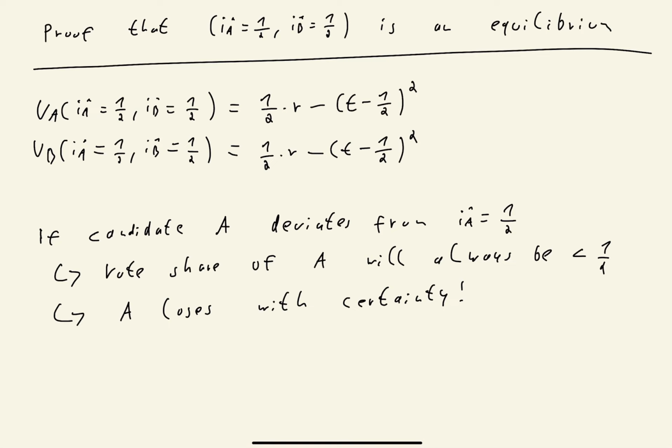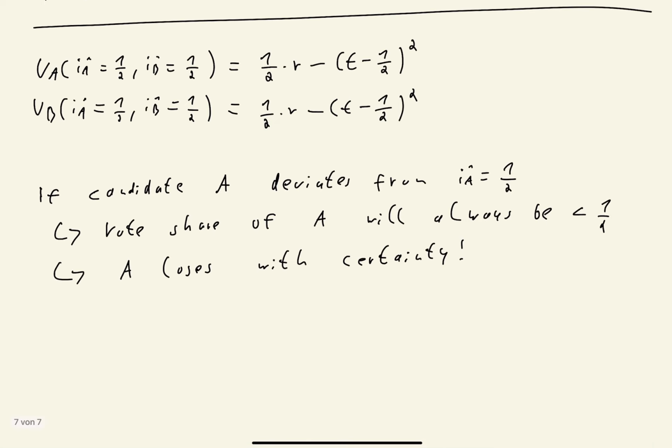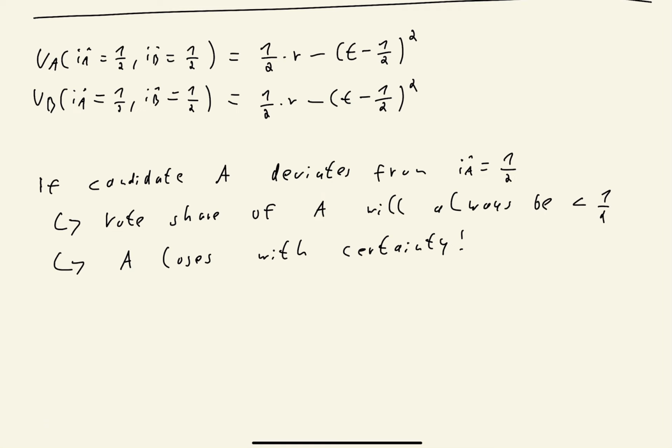Now if he loses with certainty, so if candidate A is choosing an ideology which is not 1/2, so IA not equal to 1/2, while IB is still equal to IB star, so 1/2, the utility of candidate A is then simply given by the distance to the chosen ideology of B, so minus T minus 1/2 to the power of 2.